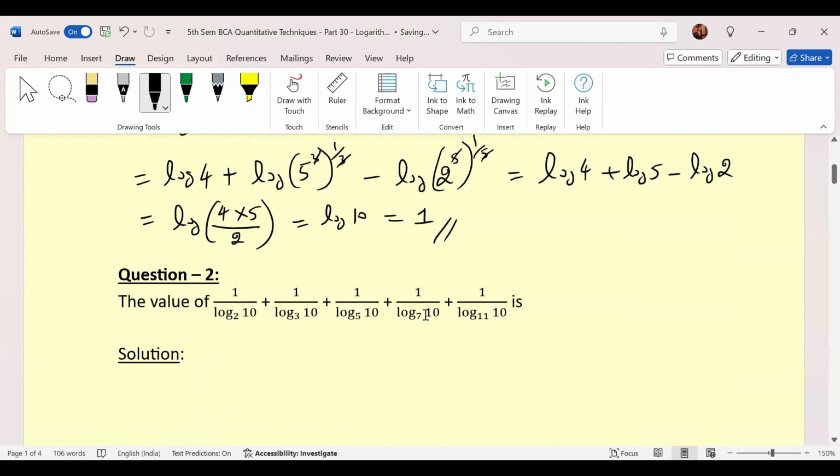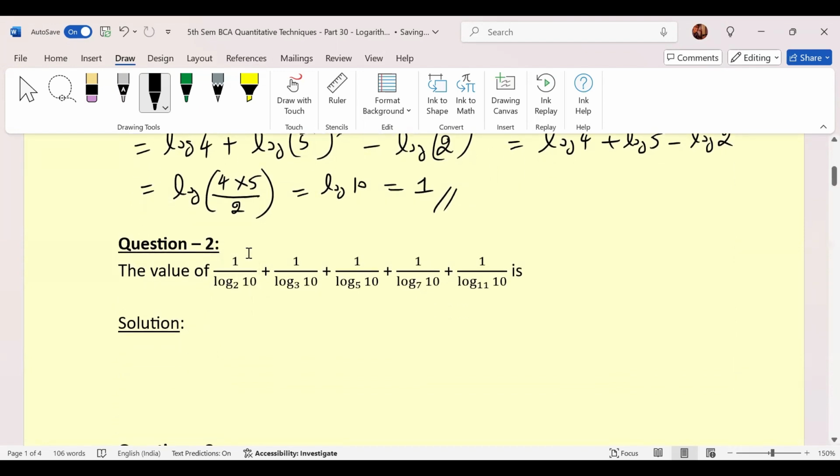Let us move on to the second question. The value of 1 by logarithm of 10 to the base 2 plus 1 by logarithm of 10 to the base 3 plus 1 divided by logarithm of 10 to the base 5 plus 1 divided by logarithm of 10 to the base 7 plus 1 divided by logarithm of 10 to the base 11.